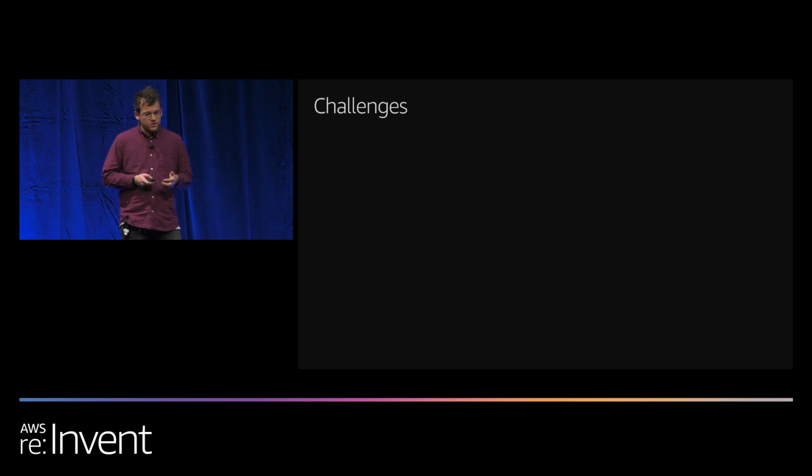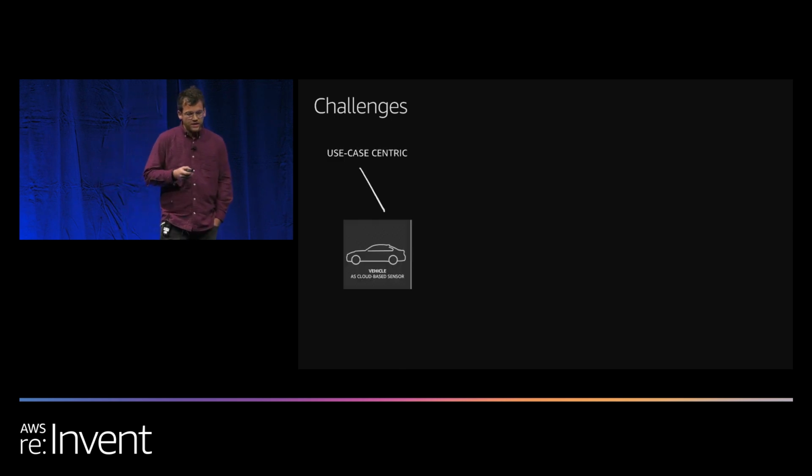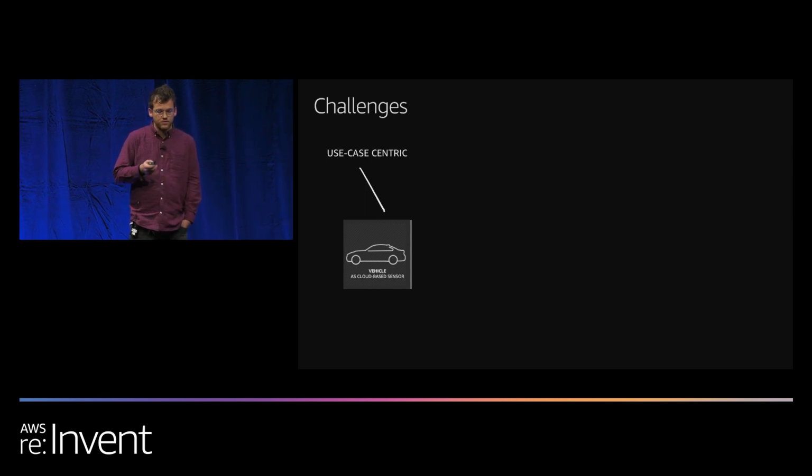So what are the challenges we typically face when collecting and processing telemetry data from our vehicles? So first, we collect the data from the vehicle through various channels related to certain use cases. So some of those channels collect the data in a redundant way, and often that's for a good reason. So for example, we collect the mileage at different points in the car to detect something like mileage manipulation.